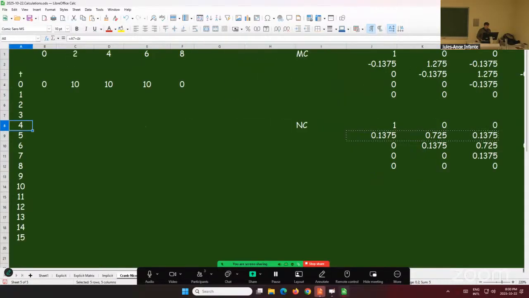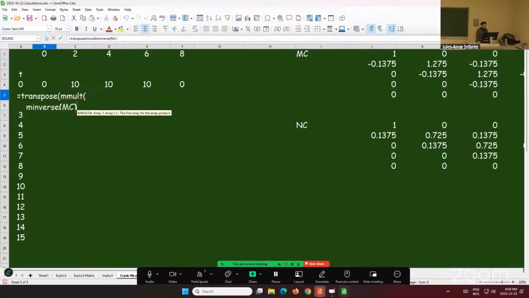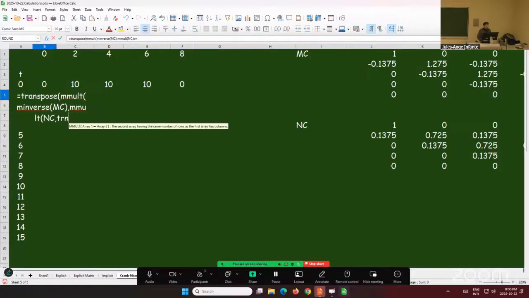And so here it's a transpose of mat multiplication of matrix inversion of MC, and the matrix multiplication of NC and the transpose of the previous vector, right?